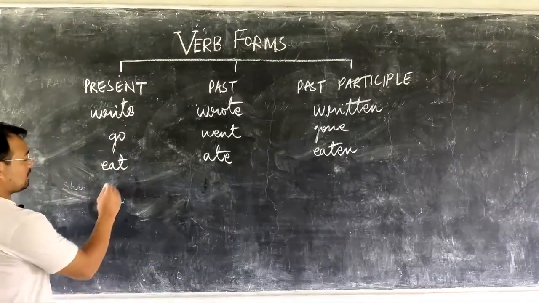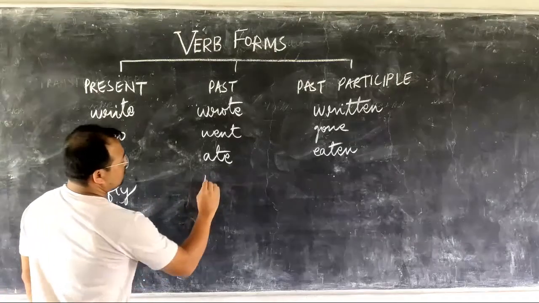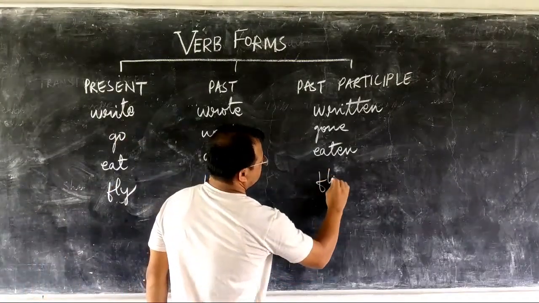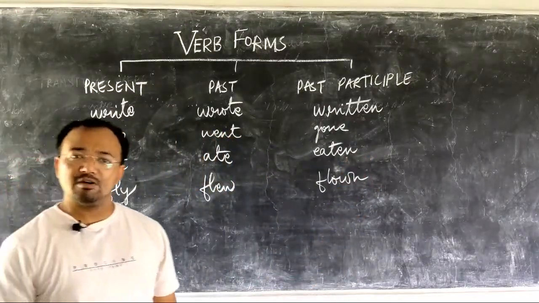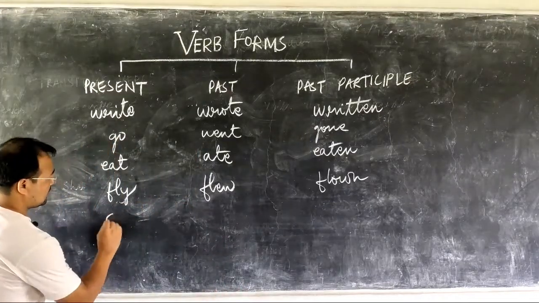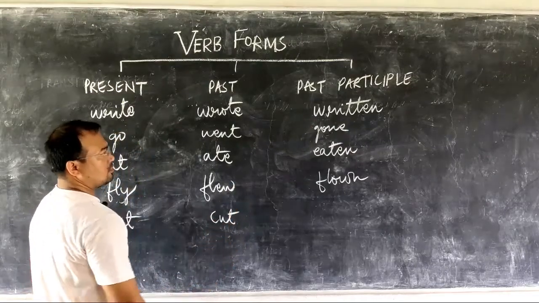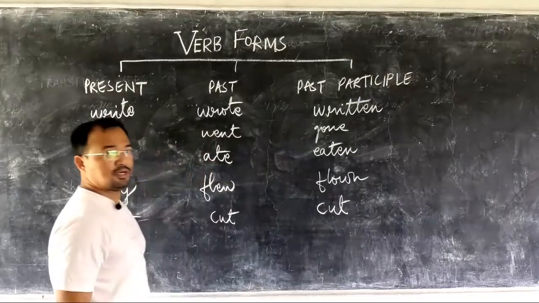Another example, if you take fly, fly becomes flew and flown. But there are some irregular verbs which you cannot change; they remain the same. Such words like cut. Cut becomes cut in the past form, and even the past participle is cut.